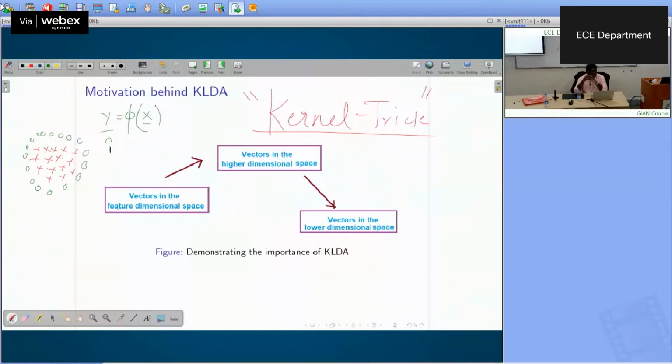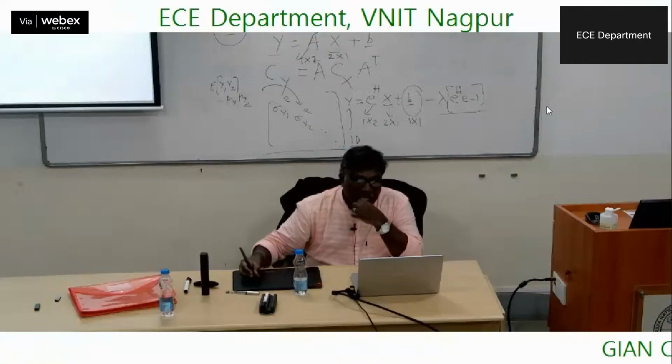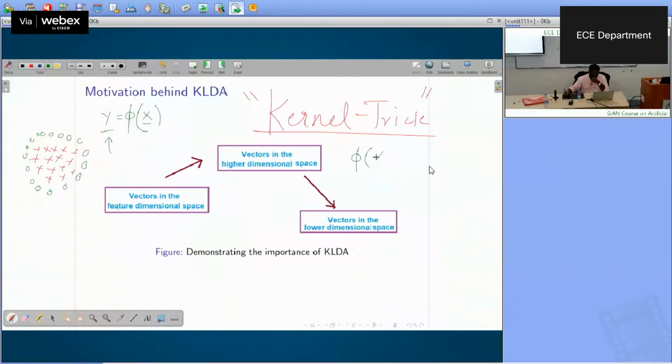Now the kernel trick is used in most techniques, including KLDA, because the kernel trick is a general idea. It is used in SVM also, and in many places in machine learning algorithms, including regression. Wherever you use the kernel trick, in the expression you have the inner product of two vectors in the higher dimensional space.